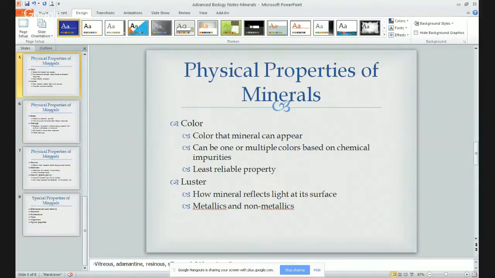It could be due to different chemical compositions or chemical impurities. Of the physical properties that we're going to talk about, this is the least reliable one, just because there are so many different variations of color. It's hard to say, there are several that are going to be gray or have brown specks in them. So it's not a very reliable way to classify or identify your mineral.